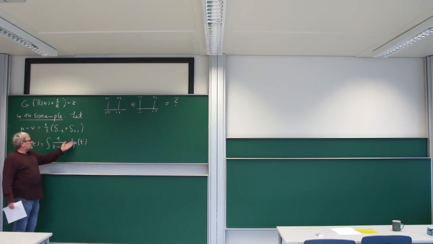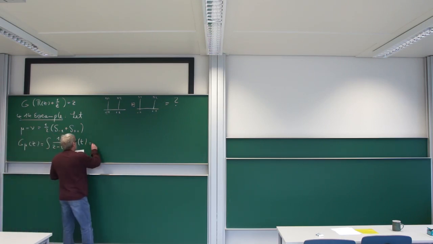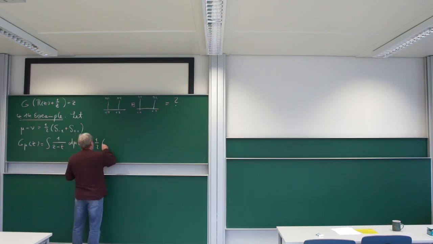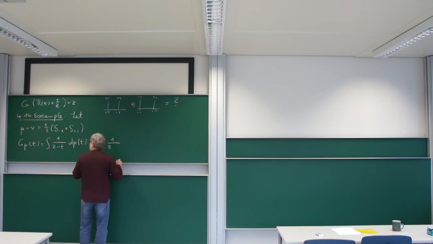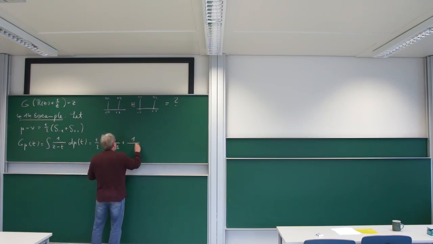Mu is now a discrete measure, so it puts mass 1/2 at minus 1 and plus 1, so this is nothing else than a sum over t equal to plus 1 and minus 1 with mass 1/2. So this is 1/2 times 1 over z minus 1, plus 1 over z plus 1.